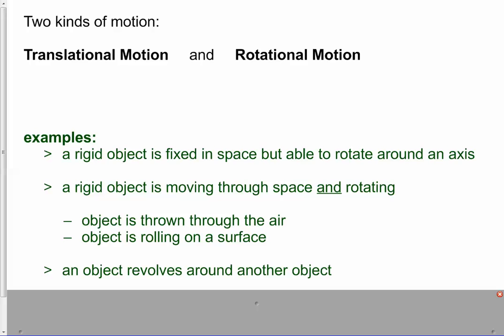That's translational motion, and it just happens to be in a circular path. But it's actually possible to think of that as rotational motion. Think of it as this one point, this particle, rotating around the Sun. So these are the different cases that what we're about to talk about could apply to.